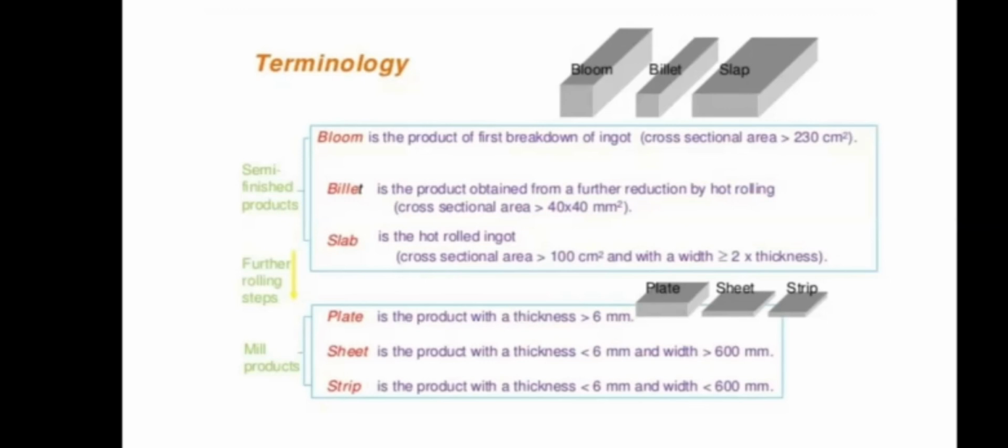Okay, slab is having cross sectional area greater than 100 centimeter square and width is greater than or equal to 2 into its thickness. Okay, slab width will be more than 2 times of its thickness. First, you will reduce the cast component into slab.